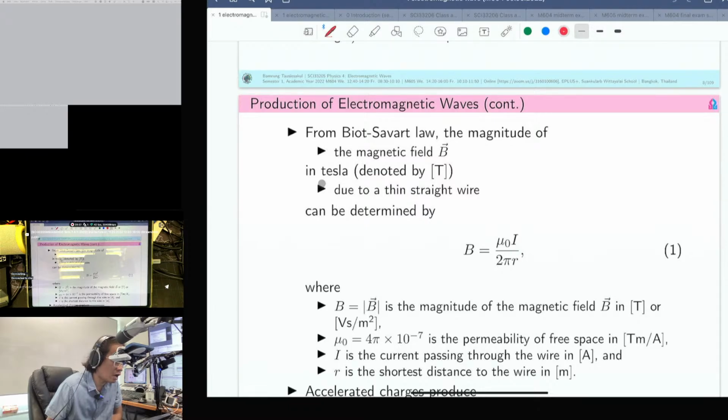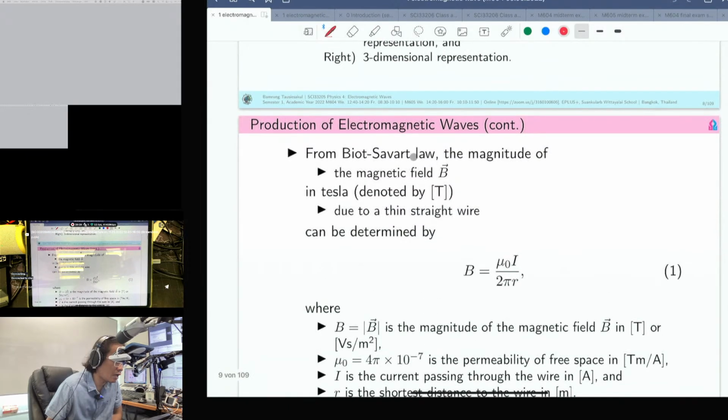The unit of the magnetic field magnitude is Tesla, denoted by capital T. In this subject, you're going to see that I always use the square bracket to mention that this letter is the unit of the quantity in physics.